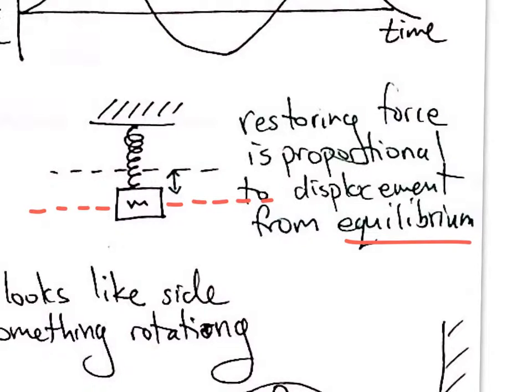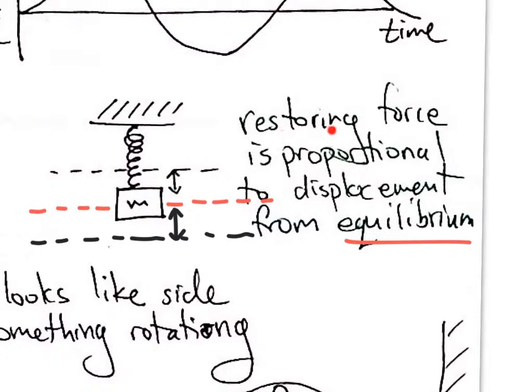And the little arrow here, this is what I meant to talk about when I drew this, and the little arrow means if we were to set this thing in motion, so we hit it or we pull it down and release it, it's going to move up and it's going to move down. And the amount that it moves up and then it moves down would be the same from equilibrium. So this distance would be the same as this distance. So anyway, we call this equilibrium position.